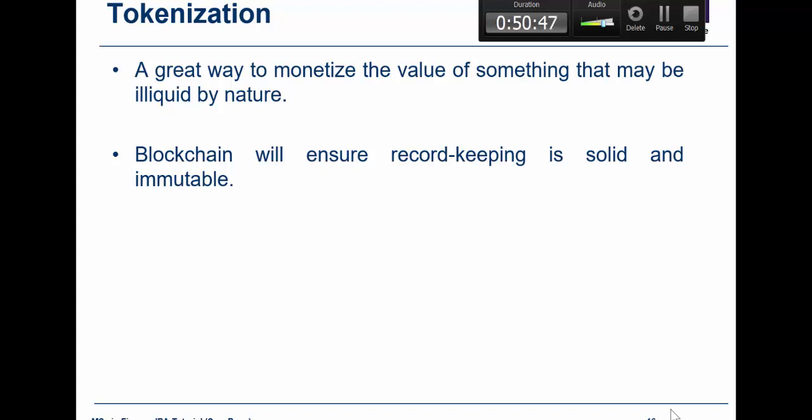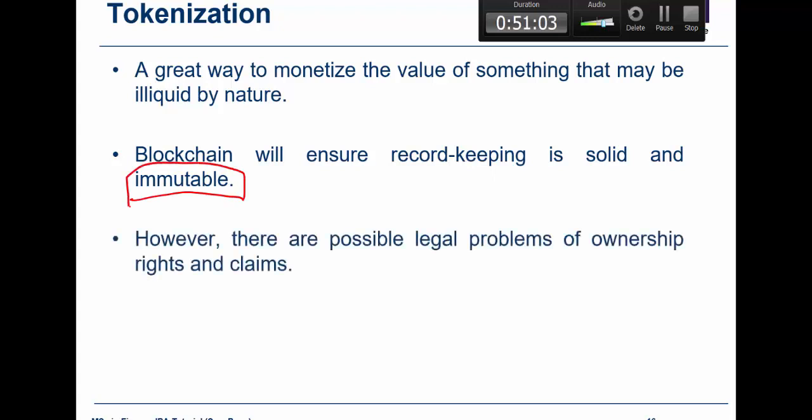And blockchain would be a great tool to help the record keeping, to make sure it is solid and immutable, meaning it cannot be moved. But there are potential legal problems that they have to sort out.